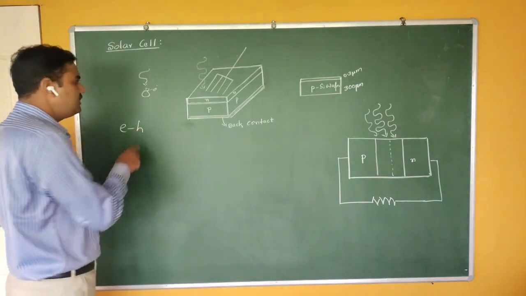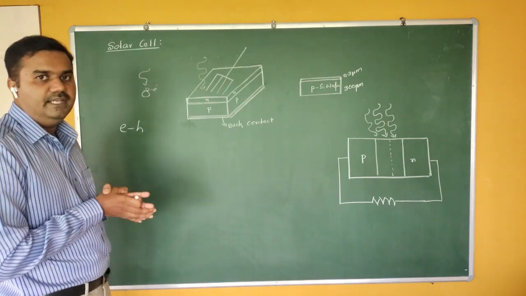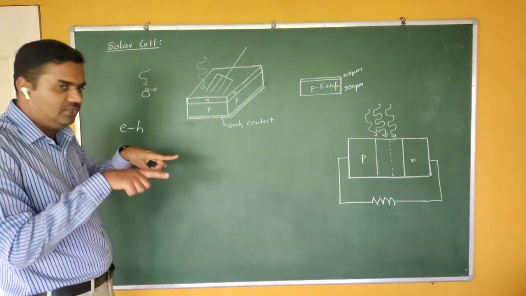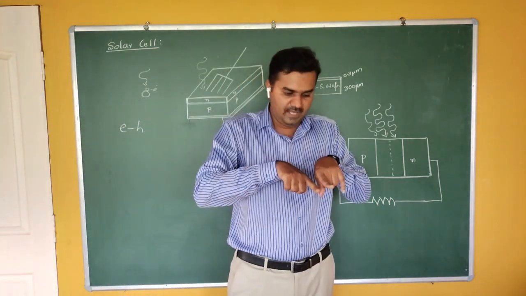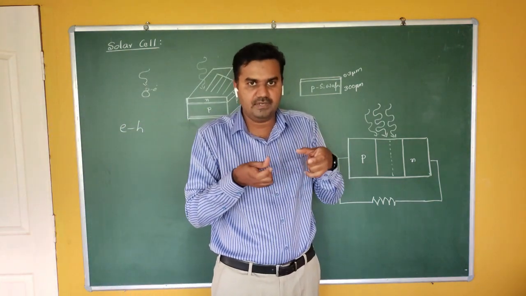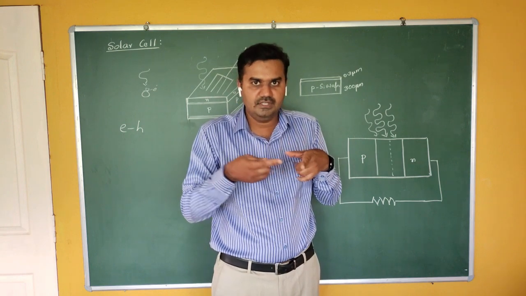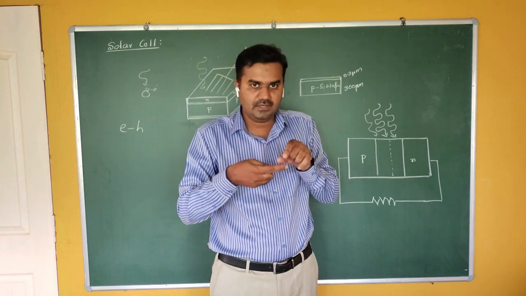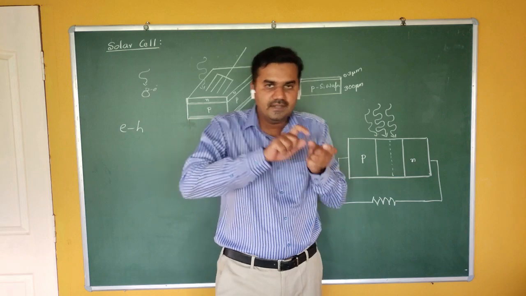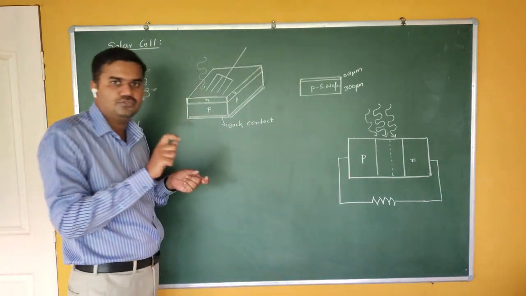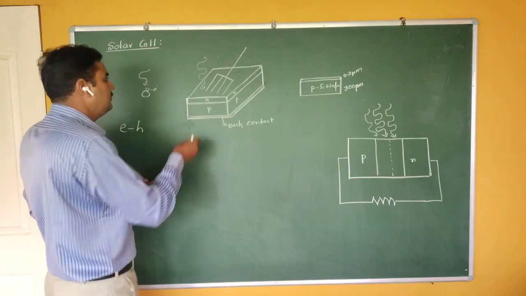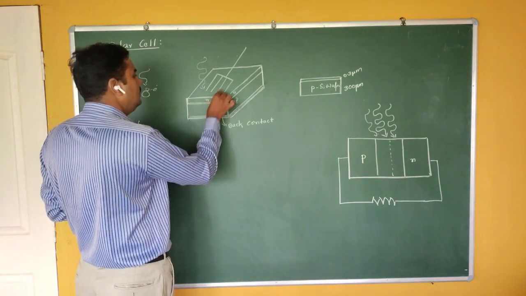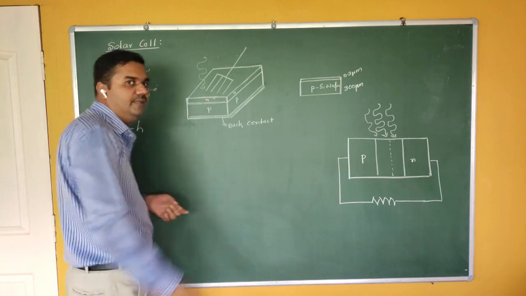Therefore, electrons and holes are created in pairs. The electric field created in the depletion region makes the electron travel to one side and the hole to the other. Electrons go to the N side and holes go to the P side.